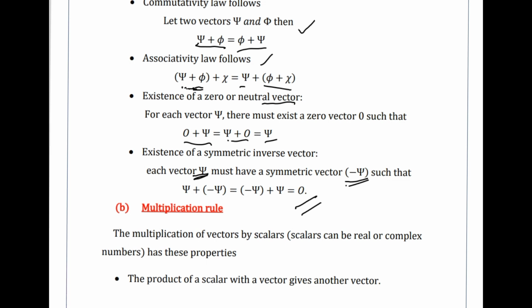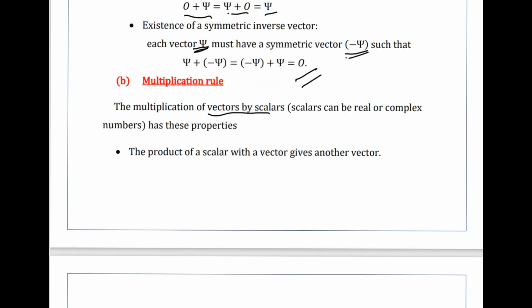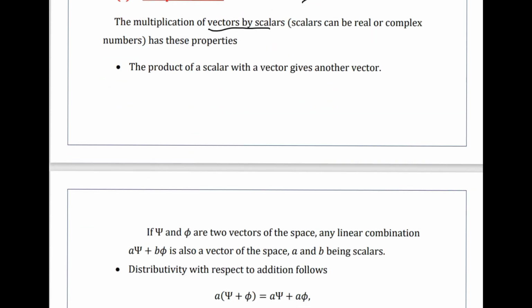So existence of symmetric inverse vector in the vector space. Now take multiplication properties of scalar. If we multiply any scalar of the vector space with vector, then it will also be a vector and have some certain properties. First is the product of scalar with vector is another vector, just like a psi is equal to psi dash.